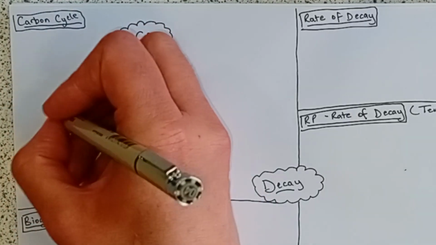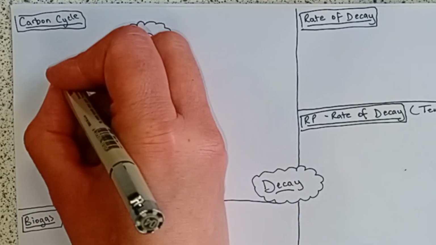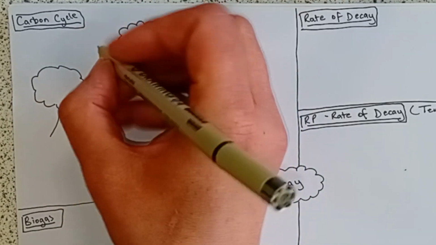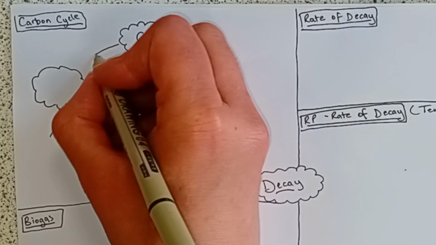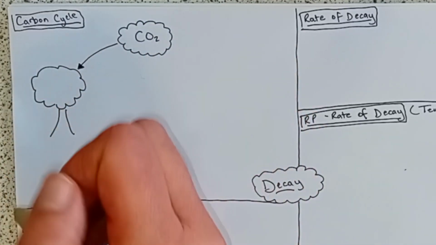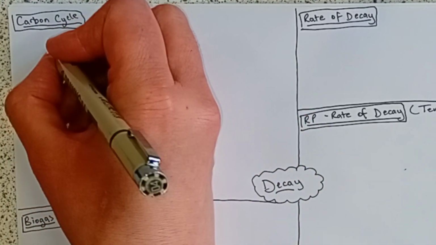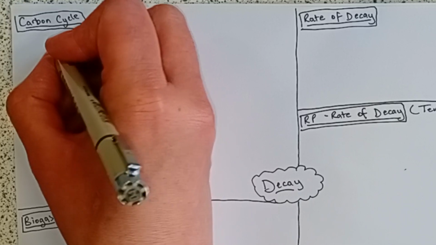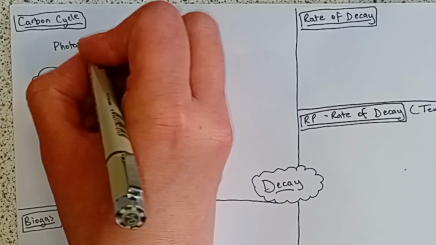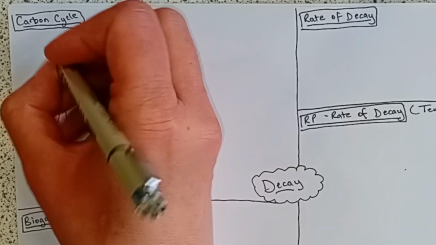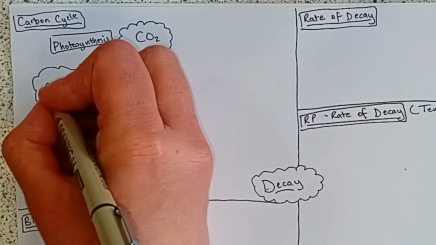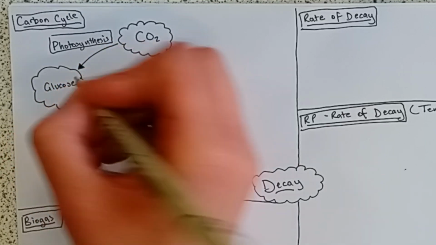Here, then, I'm going to draw a tree. And hopefully you know that trees and other plants or producers take in carbon dioxide from the air in the process of photosynthesis, and turn it into glucose, sugar.